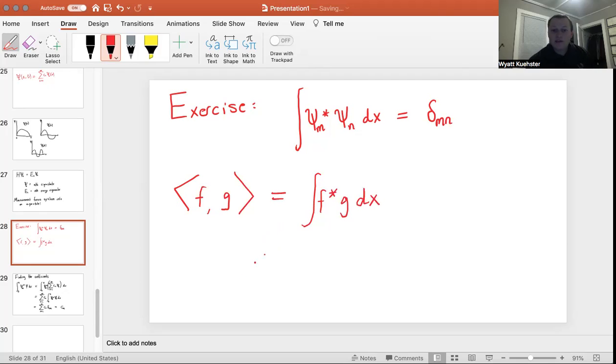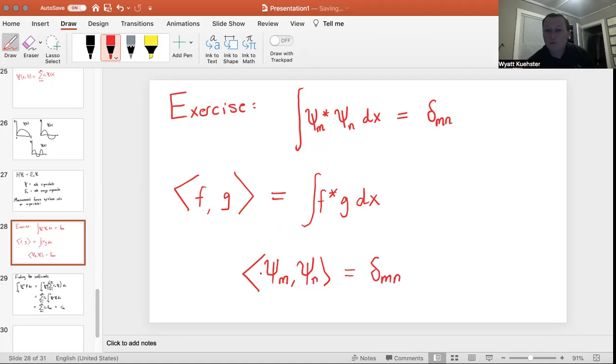If I take the inner product of psi m with psi n, I should get delta mn, which, recall, if n equals m, then I get 1, and if n is not equal to m, I get 0. So these are an orthonormal basis for something.